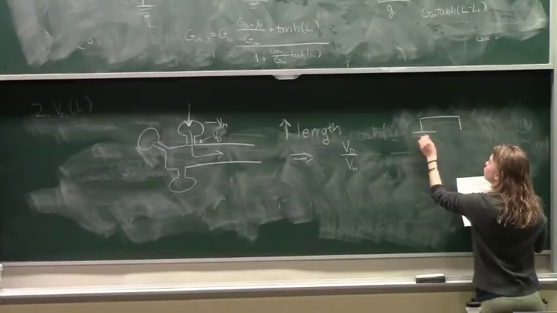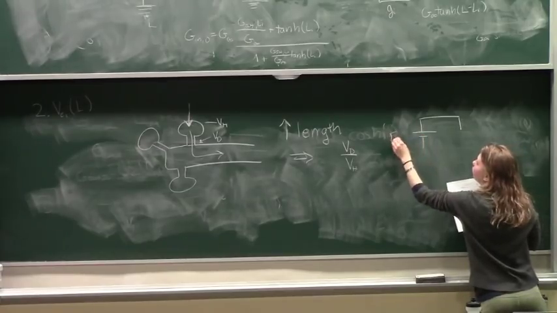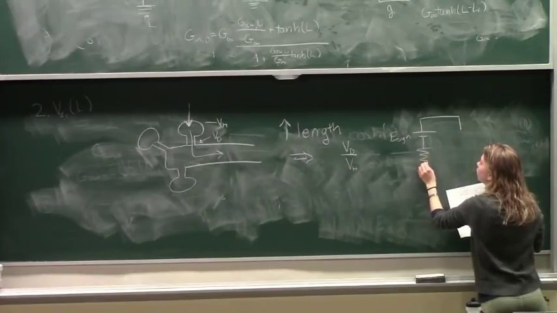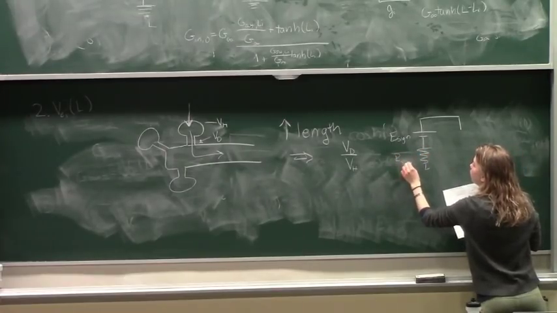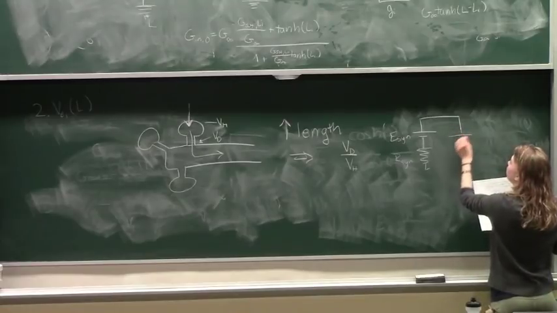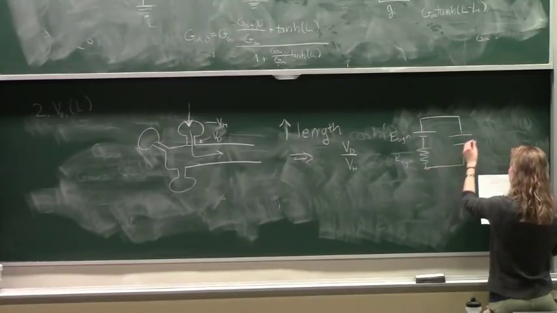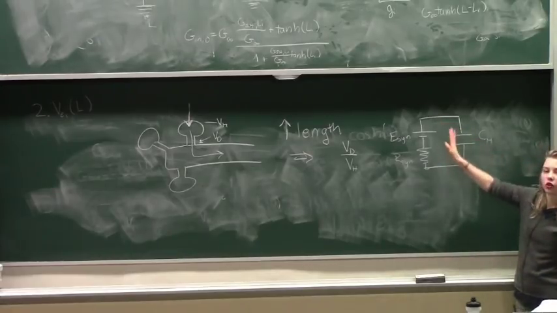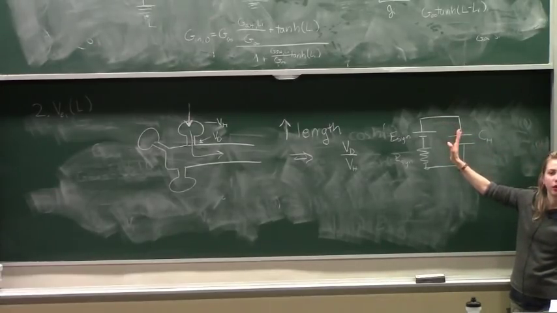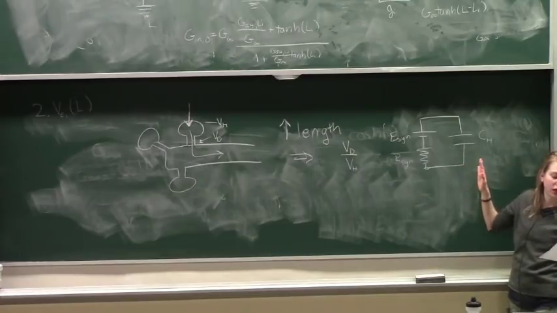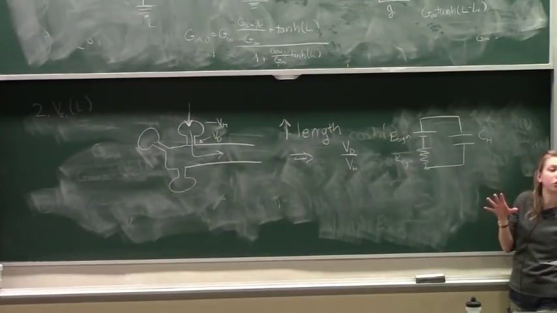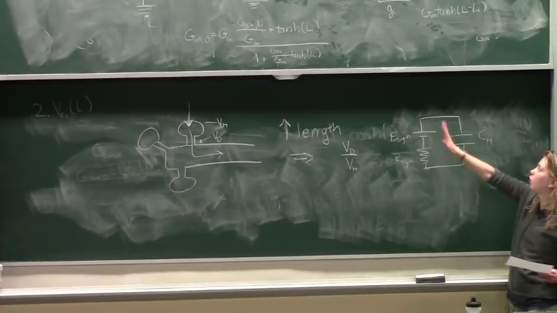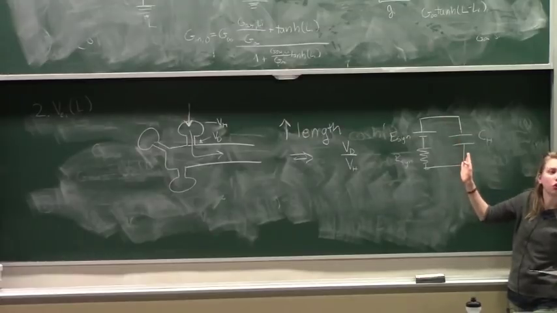So this is some voltage source for the synapse. And then here's some resistance of the synapse. And then here's a capacitor that stores charge, and that's the dendritic spine head. He also has a resistor that represents the dendritic spine head membrane. But the assumption that he makes is that this resistance is huge since the membrane has a tiny surface area, so you can just ignore it because there will be essentially no current flowing through it.